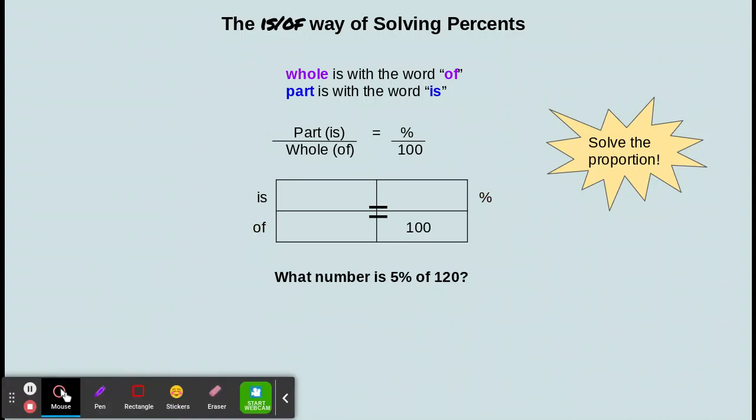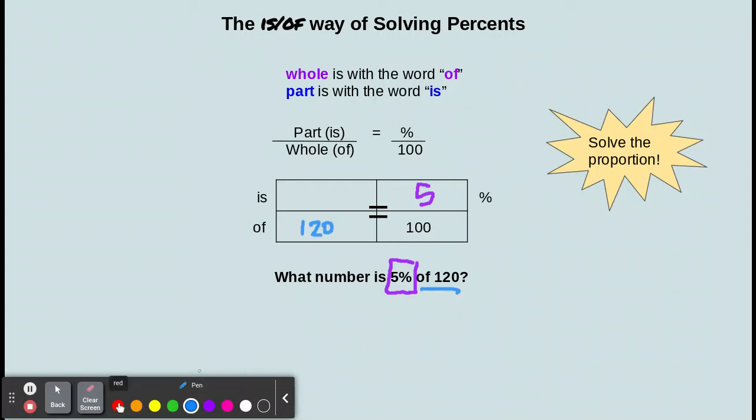Okay, the next one, again, we're going to look for the words of and is, and here's our question. What number is 5% of 120? Well, first of all, we notice the percent sign. So right away, let's put that percent sign with the percent box. 5%. Now we see the word of 120. Of goes in the of box.